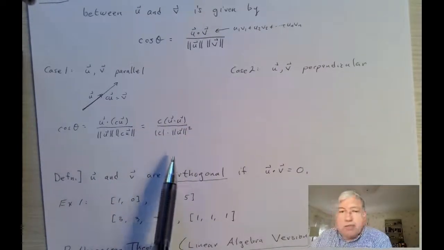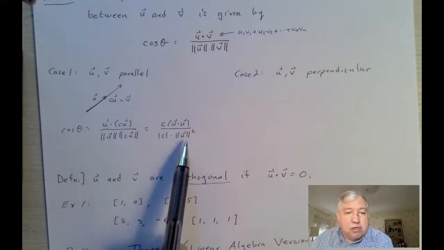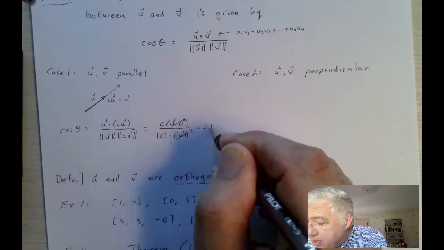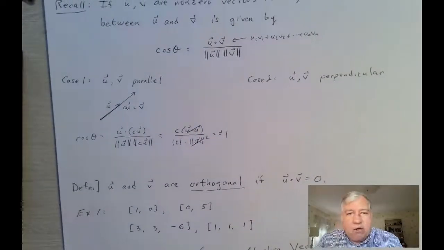And we can see that these actually cancel. The dot product of u with itself is in fact the square of the length, so these cancel out, and this is either going to be plus or minus 1. What angle has cosine equal to plus or minus 1? It's going to be either 0 degrees or 180 degrees, which is what we would expect if they are parallel. So that makes sense in this case.